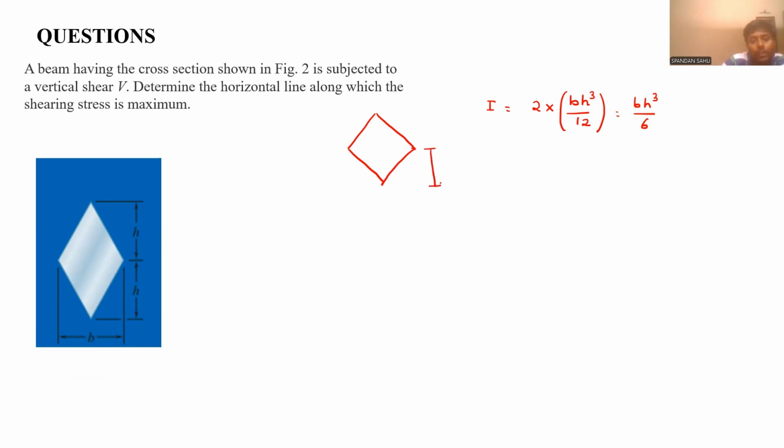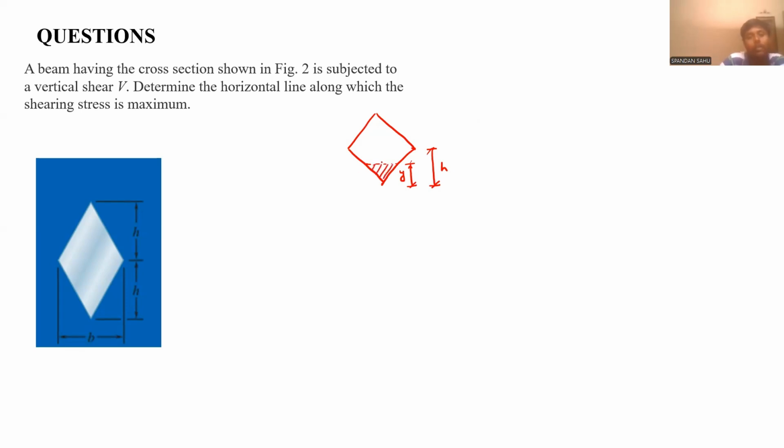This is h. So let us take one arbitrary line which is at a depth of y from bottom.